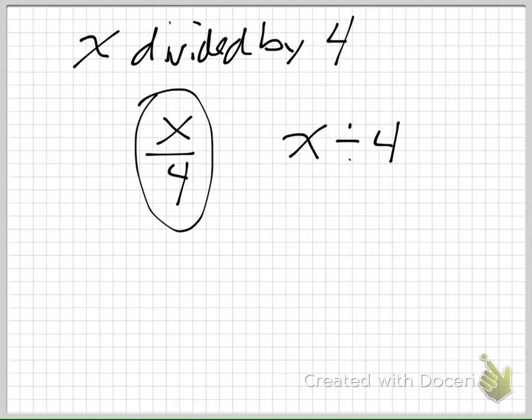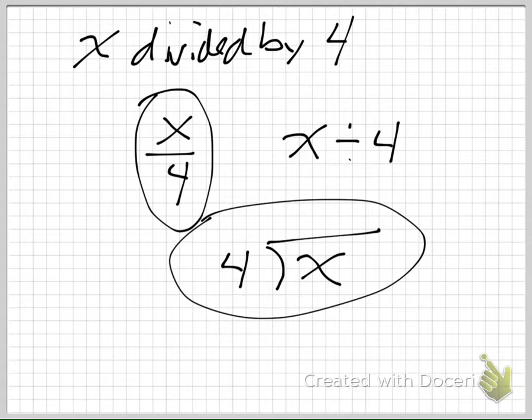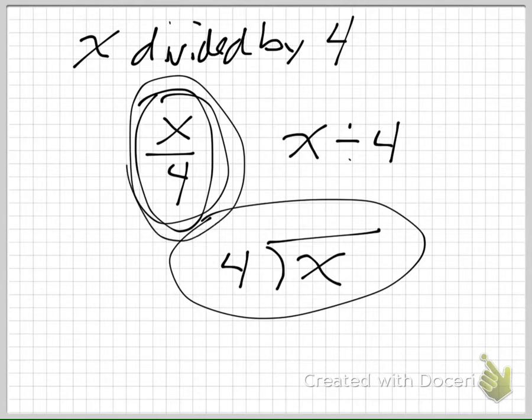Okay, what's another way? What about this? Oh, yeah, it's a simple one. That works. Is this how you would write it algebraically? No, it isn't. The way you write division in algebra is as a fraction. That's how you write it. You should get used to this. This is how you're going to see it.